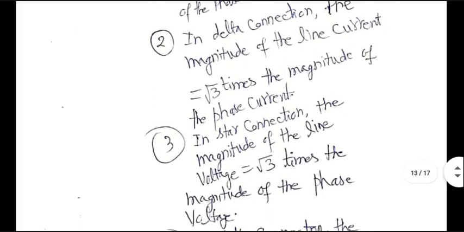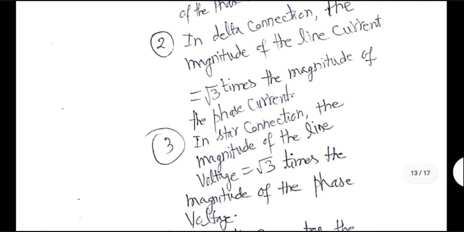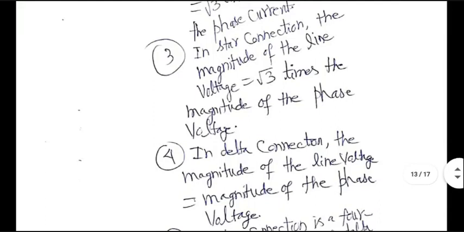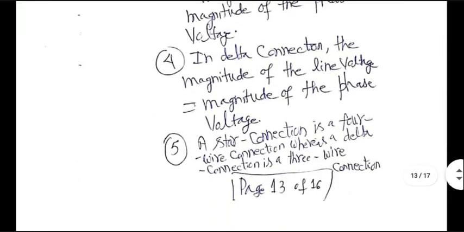In star connection, we have seen this already: the magnitude of the line voltage is square root of 3 multiplied by the magnitude of phase voltage. In delta connection, the magnitude of line voltage is equal to the magnitude of phase voltage. So basically, one of the quantities, either voltage or current, goes up, the other remains constant, depending on the system.